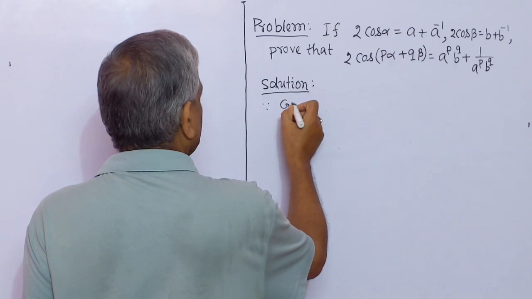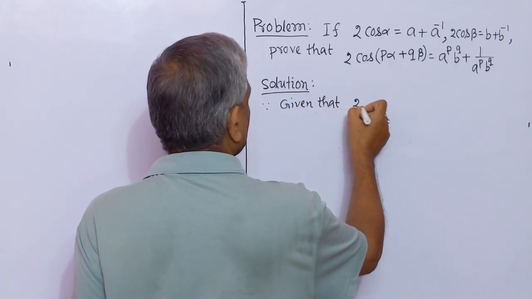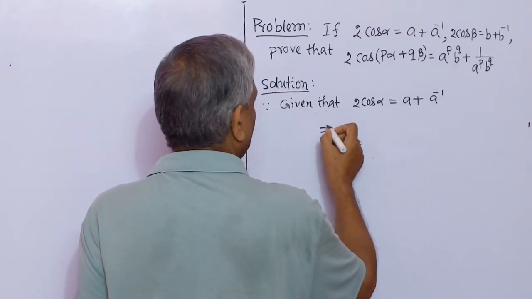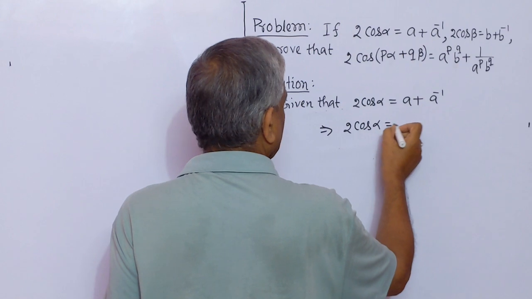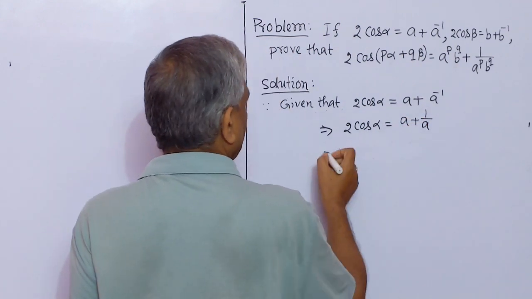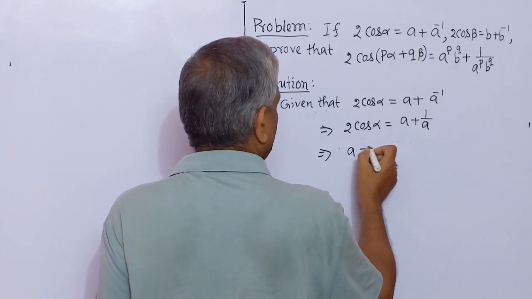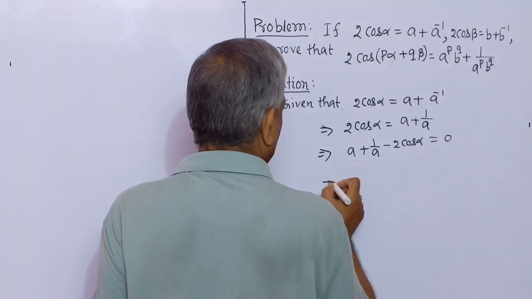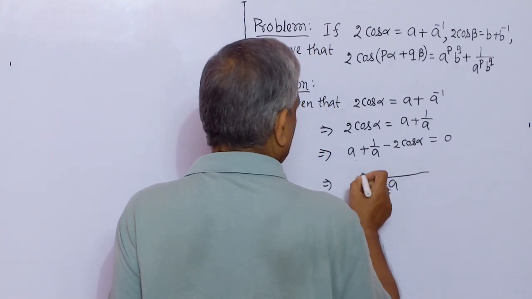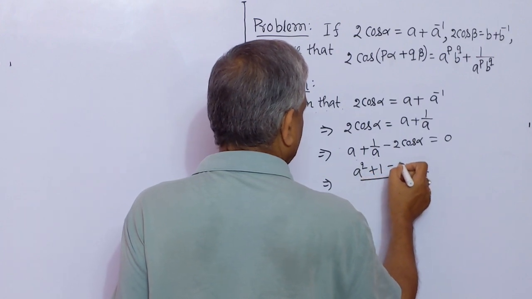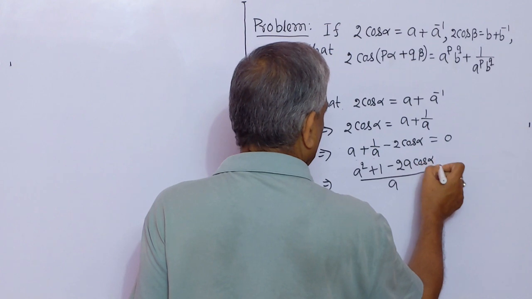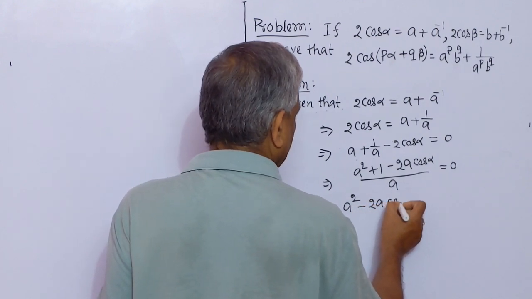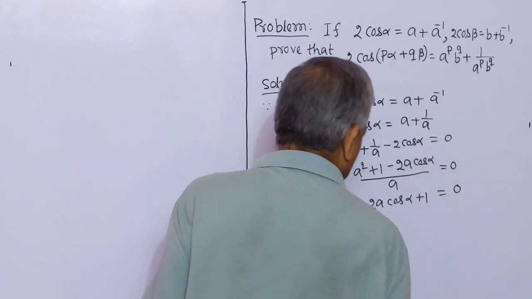Since given that 2 cos alpha equals a plus a inverse, this implies 2 cos alpha equals a plus 1 by a, which implies a plus 1 by a minus 2 cos alpha equals 0. Here the LCM is a, so a square plus 1 minus 2a cos alpha equals 0, which implies a square minus 2a cos alpha plus 1 equals 0.